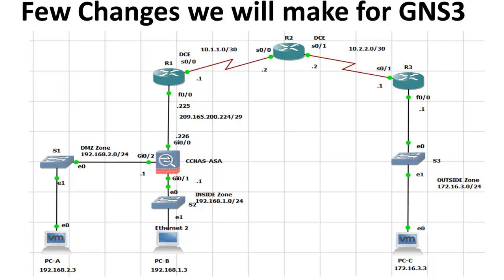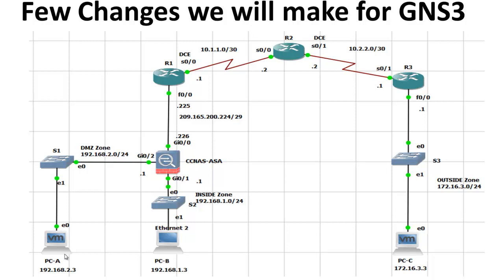Between the ASA and R1, we are going to use the 209.165.200.224/29 network. The DMZ zone will have 192.168.2.0/24. The inside zone will have 192.168.10/24. And the outside zone will have 172.16.30.